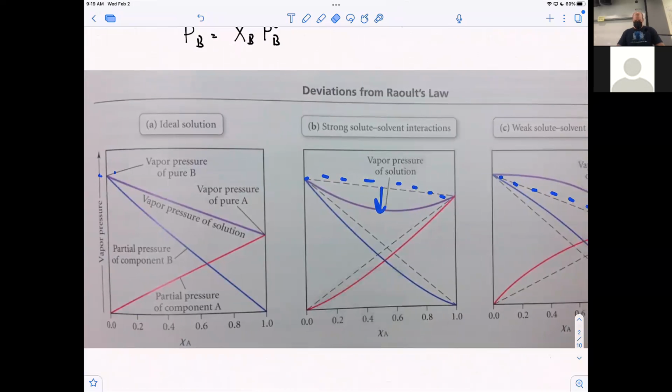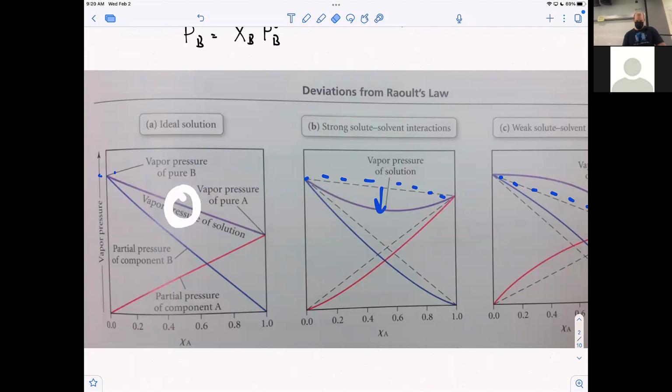The y-axis is the vapor pressure, and B is a higher vapor pressure than A. The x-axis is the mole fraction of A. Right here, we have no A, and the solution is pure B. And here on the right, we have a mole fraction of 1, so 100% A, and the solution's vapor pressure is whatever pure A is.